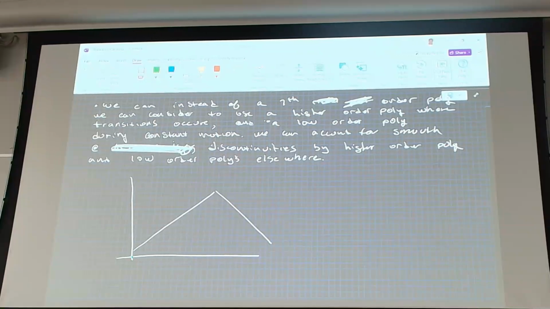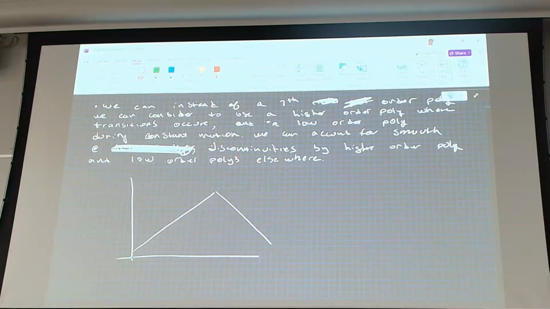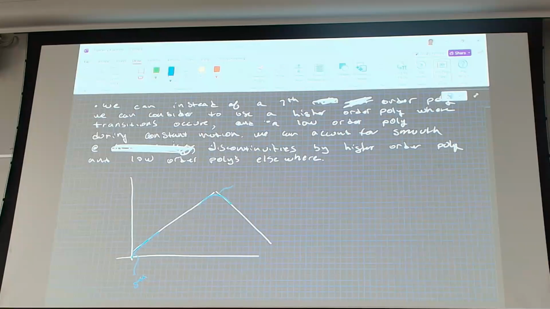What I would do is take maybe a fifth order to describe this motion, a fifth order to describe this one, and then maybe a fifth order to describe this one.